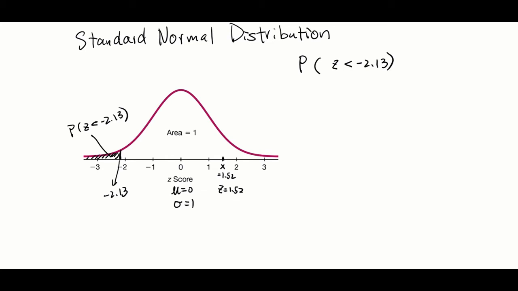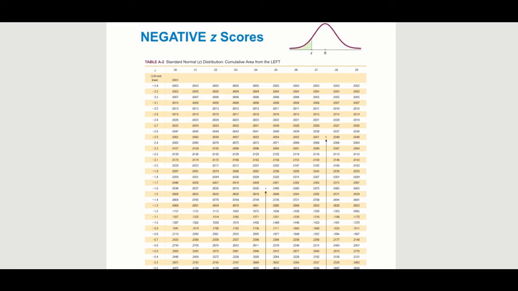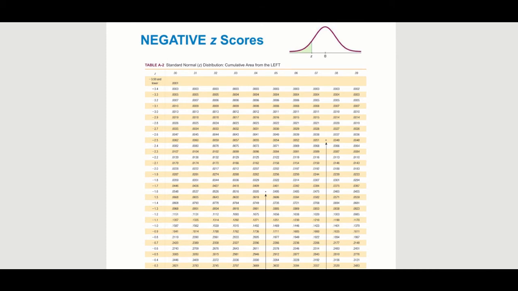Okay, so we can use a chart. What chart are we talking about? In our textbook, there's the A2 table, which looks like this. When you're given a z-score, you can find the area to the left of that z-score, which is shown in the graph like this. What we're looking for is the probability of a z-score less than negative 2.13.